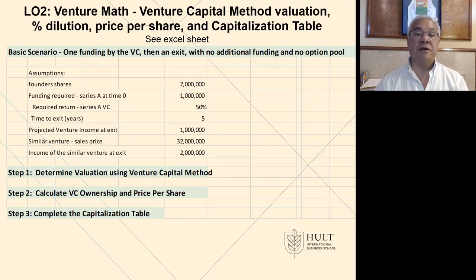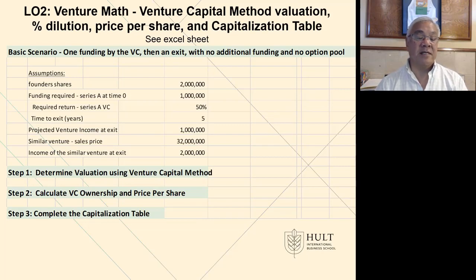Next, it will take 5 years from now to reach an exit and harvesting event. The projected exit will be at a time when the venture is making $1 million in income at year 5, and similar ventures have the following comparable: a sales price of $32 million for a company similar to ours, but with double the income at $2 million.